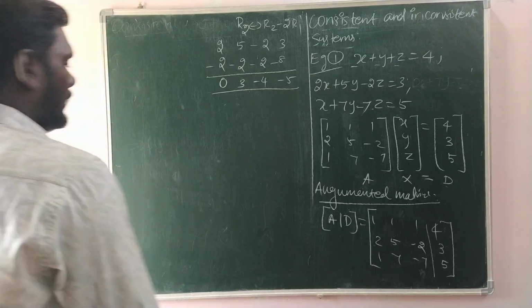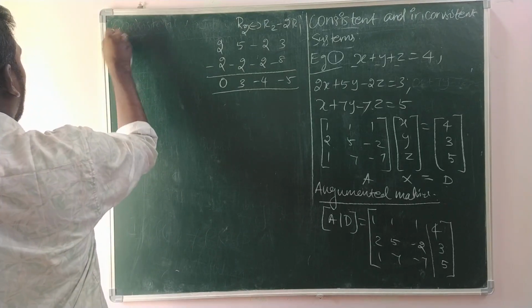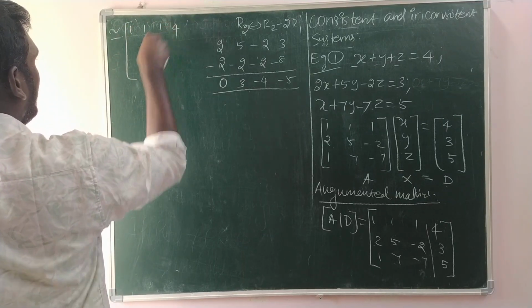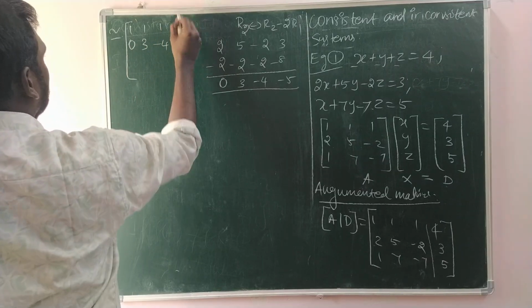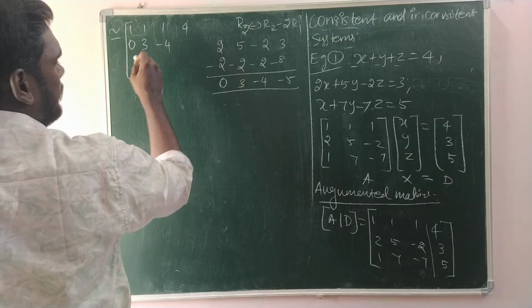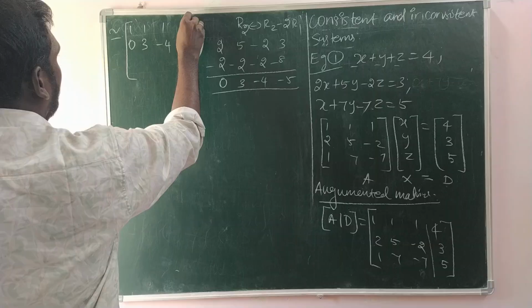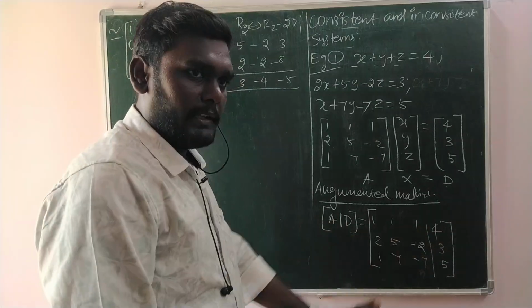As for the first question, next time and all, we'll do it directly. Which is equivalent to, so this is 1, 1, 1, 4 again. And the new R2 is 0, 3, minus 4, minus 5. And last row as it is we can write.